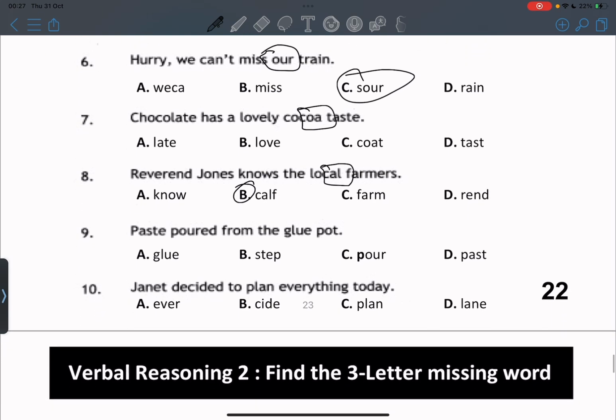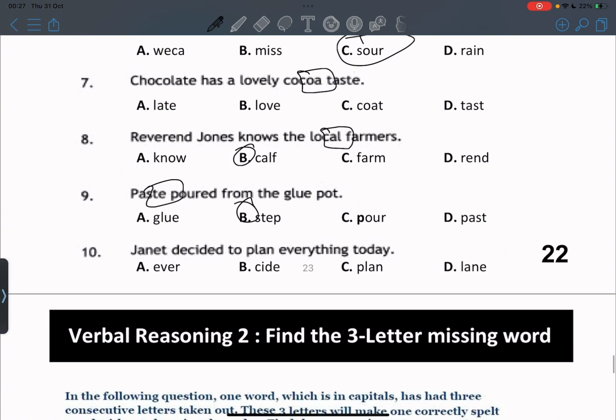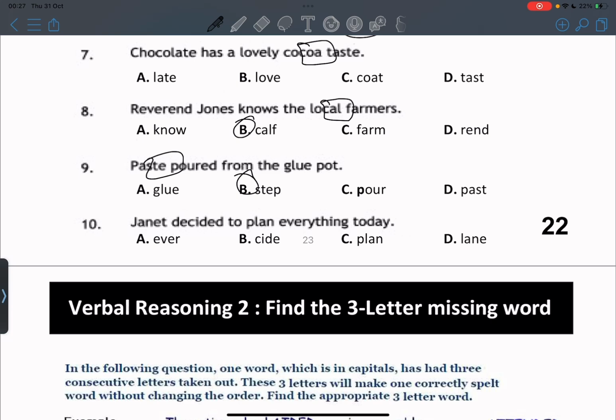Question 9, we've got step. Question 10, we have lane right there.